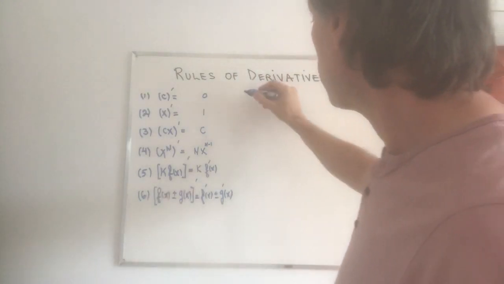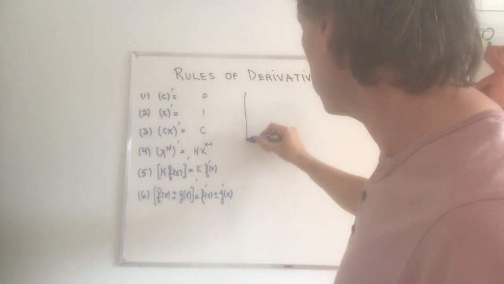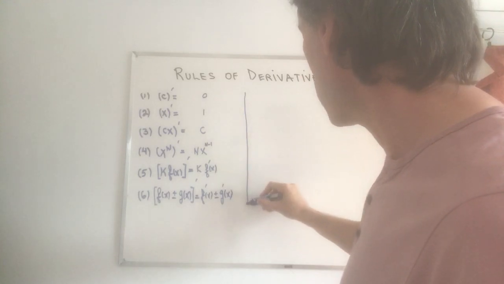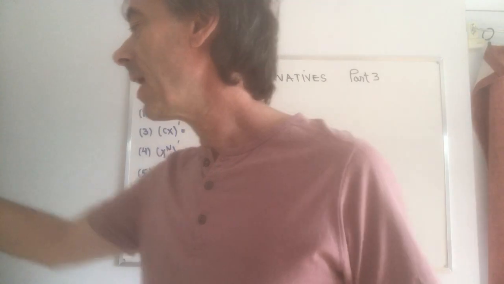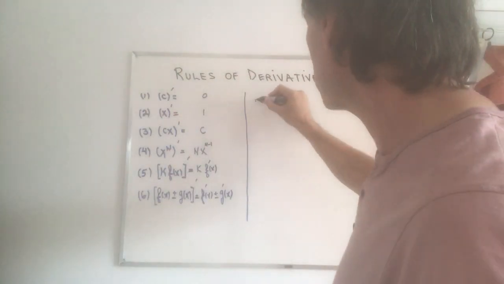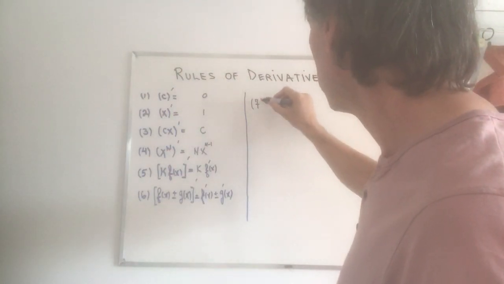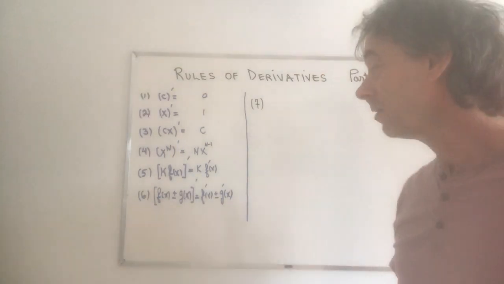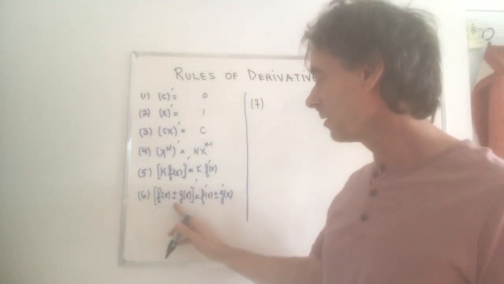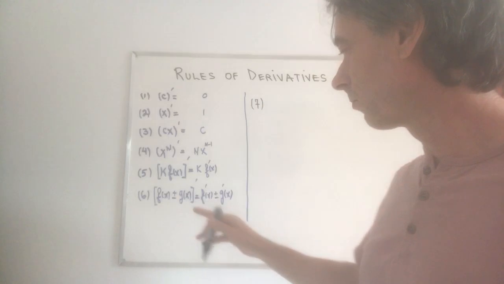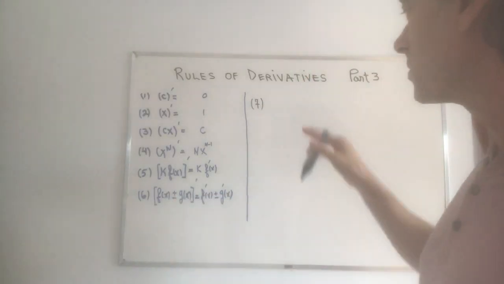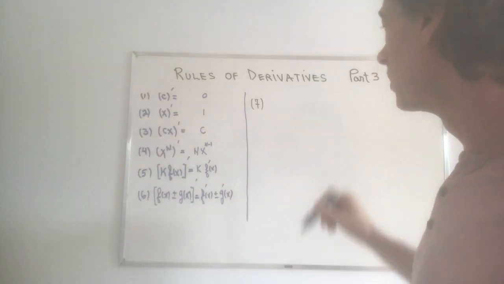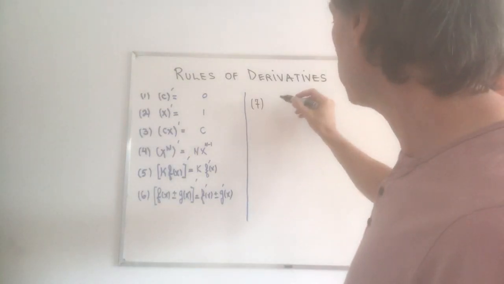Good. So that is what we know as of now. Let us see if we can actually add a rule 7 to this list. Well, we have a rule for addition between functions. We have a rule for subtraction. So let's see if we can perhaps do something for multiplication.